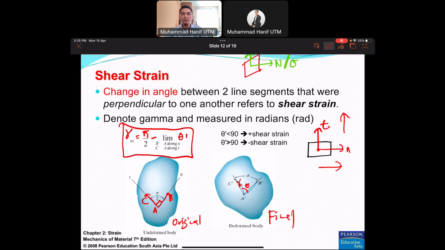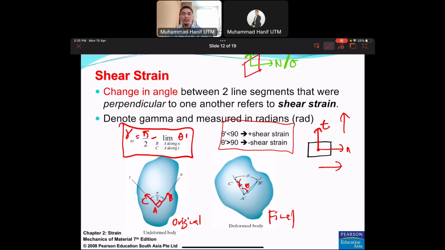And you have to remember that when theta prime is lower than 90 degrees, it will be a positive shear strain, while theta prime over 90 degrees should be a negative shear strain. This is the thing that you have to remember.